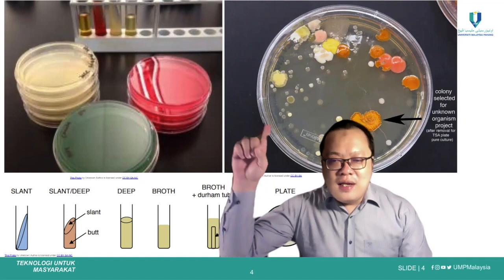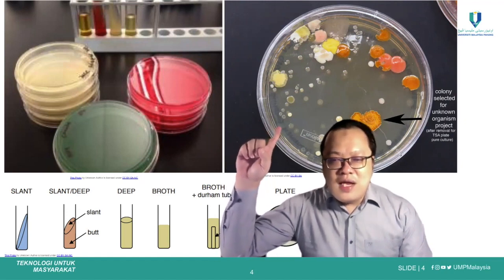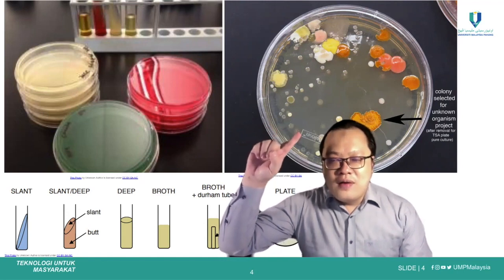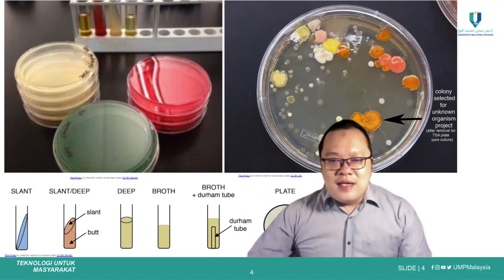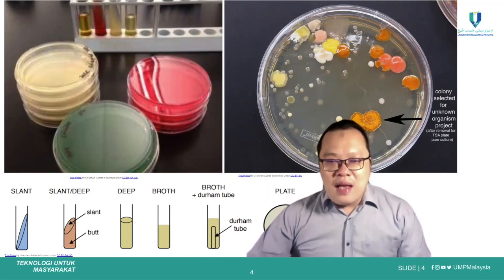Some colonies look yellowish, some grayish, whitish, some even have red colonies. And this represents different types of bacteria in the ecology.